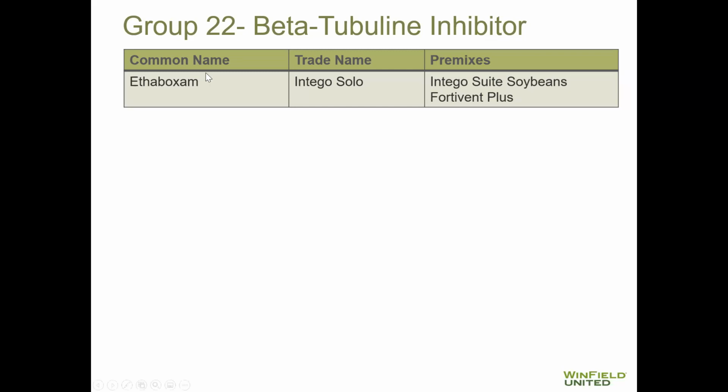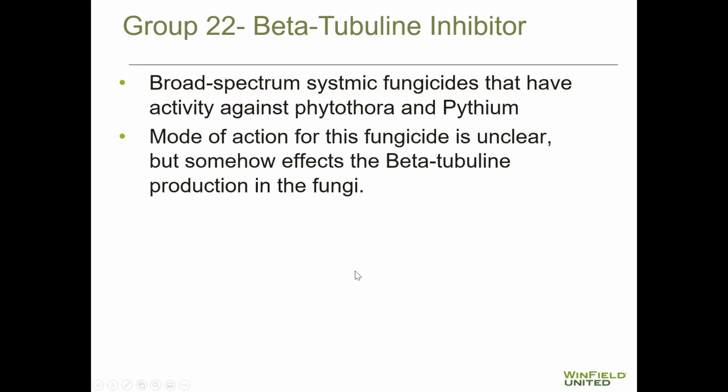So if you think of our new Fortivent Plus corn seed treatment, that actually has ethaboxam in it, which helps against some of the Pythium problems that we've had in corn. And in Iowa, guys, in these heavier soils, Pythium has been an issue in cool, wet soils. And so definitely this ethaboxam has helped clean some of those up.